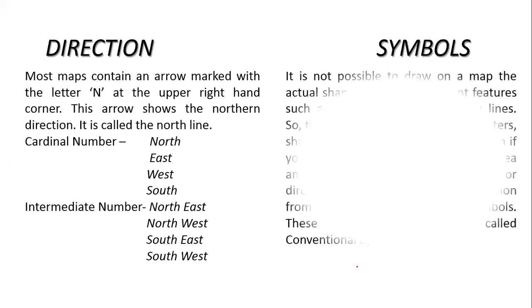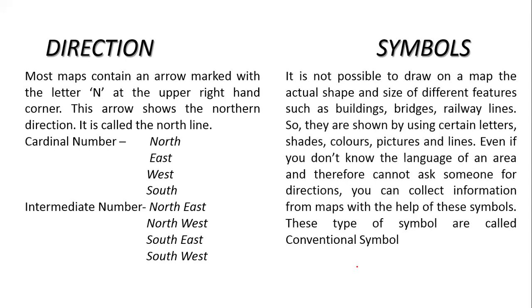Symbols. It is not possible to draw on a map the actual shape and size of different features such as buildings, bridges, railway lines. So they are shown by using certain letters, shapes, colors, pictures, and lines. Even if you don't know the language of an area and therefore cannot ask someone for direction, you can collect information from maps with the help of these symbols.